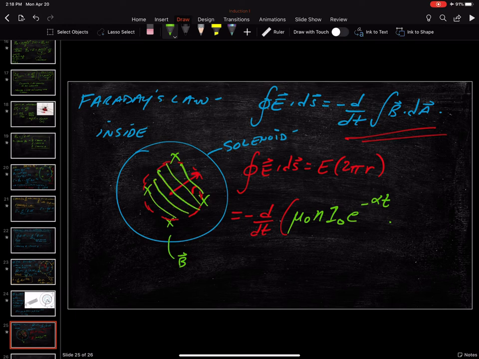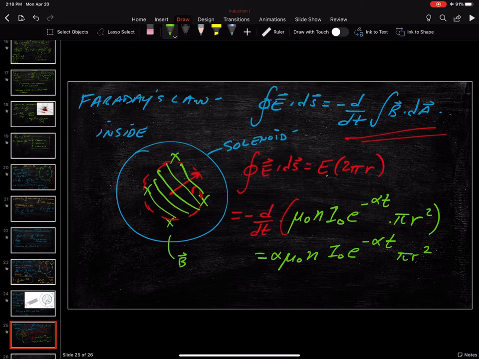You're only worried about how much flux goes through this area, because it's through the area of that same loop. So this will be times pi little r squared. Okay? And so when you take a derivative of this, you get mu naught n times alpha I0 e to the minus alpha t times pi r squared.